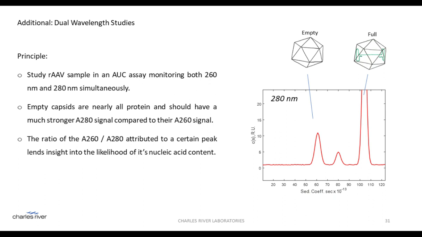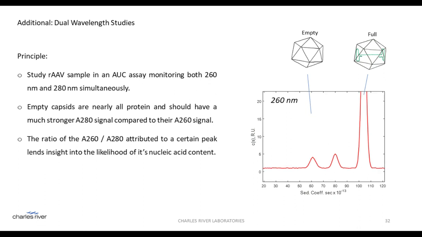This is expected for empty capsids, since they should in principle be all protein and contain no nucleic acid. So the A260 signal is really just residual, very small. But the same principle can be applied to other regions of the distribution, where it may be important to have some idea of what the species identity is.